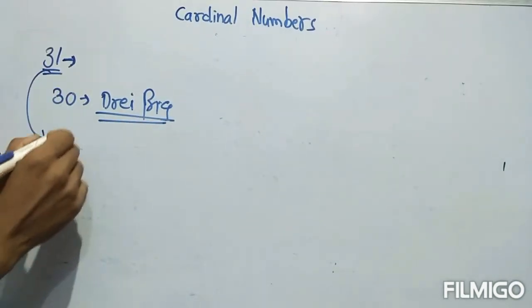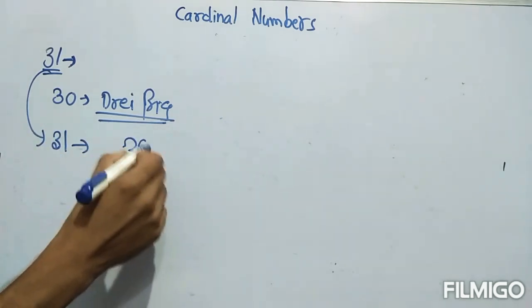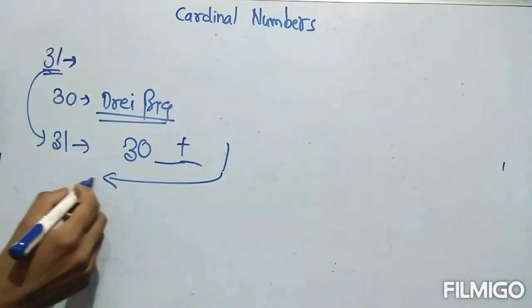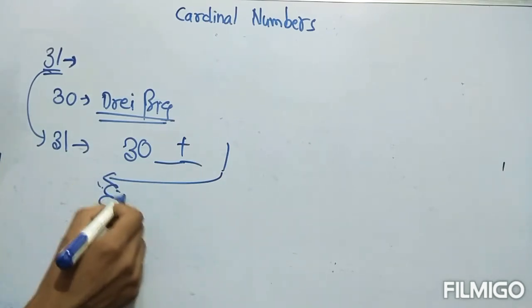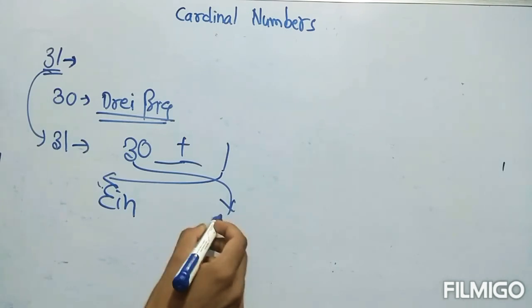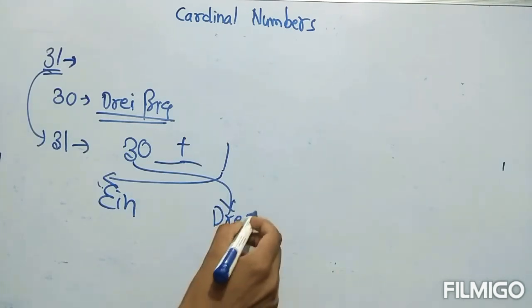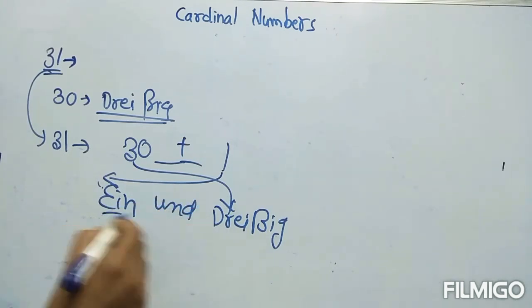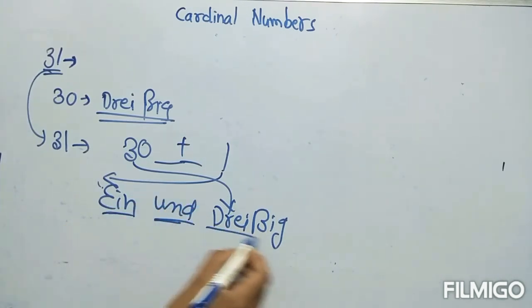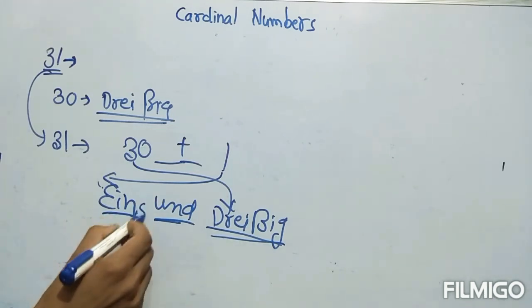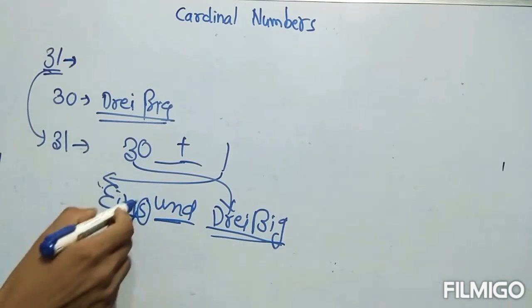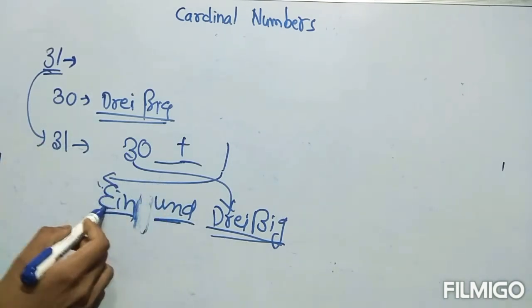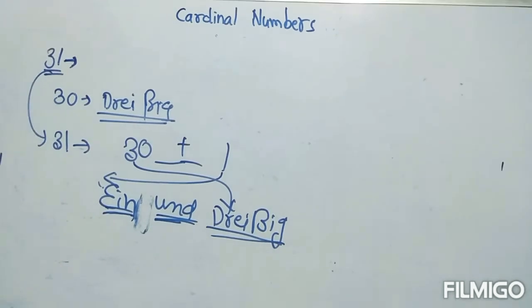So 30 and 1. 1 is ein and 30 is dreißig, and is und. Ein und dreißig is 31. So the pronunciation of 31 is ein und dreißig.